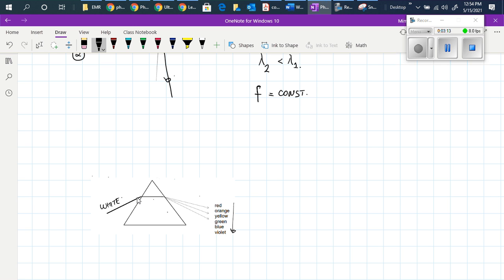If you, though, relate it with the previous video, if you are incident a white light into a diffraction grating, then the order goes from violet, blue, green, yellow to red. So it's the opposite.